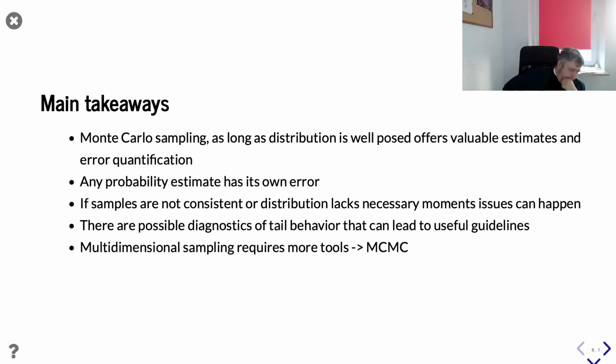Unfortunately, all those things from direct Monte Carlo computation work very well for unidimensional distributions. In case you have more dimensions, then we have problems. And we need to use more tools, which are the main bread and butter of computation, which is Markov chain Monte Carlo methods.